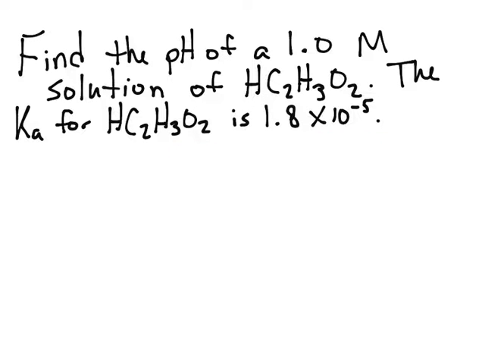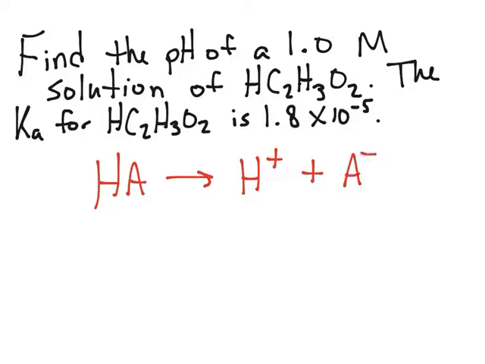So we've got to think, if this were just a strong acid, that would fully dissociate. Let's call it HA, but we're going to pretend it's a strong acid. It's going to fully dissociate into hydrogen ions and whatever anion you've got.